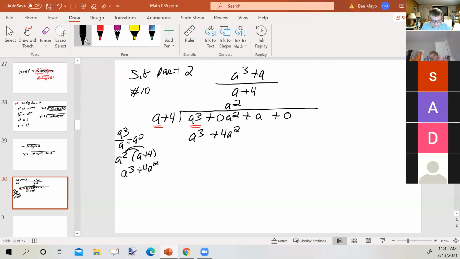Going to draw a line, subtract that from what's up above, distribute, change it to addition of the opposite. A cubed plus negative a cubed is 0a cubed. 0a squared plus negative 4a squared is negative 4a squared. And then bring down the next term.